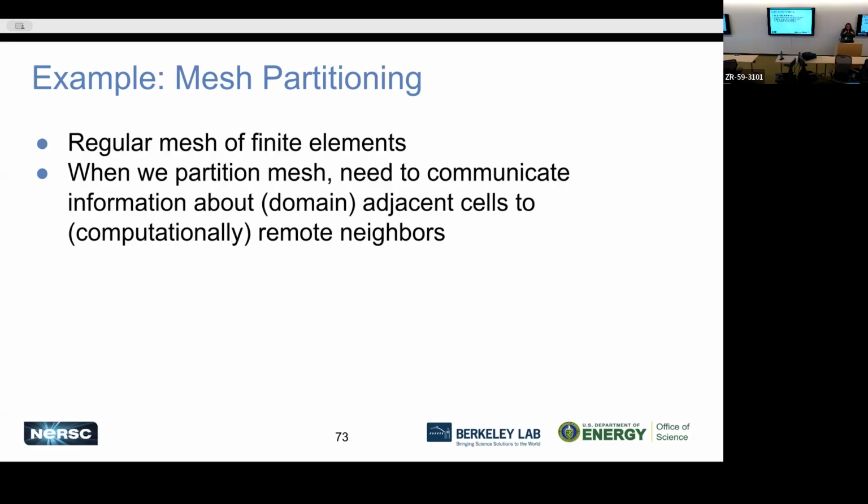So at these borders of the domain, that's where we're going to have to communicate. We're going to have to communicate the information about the potential energy to domain-adjacent cells of computationally remote neighbors.